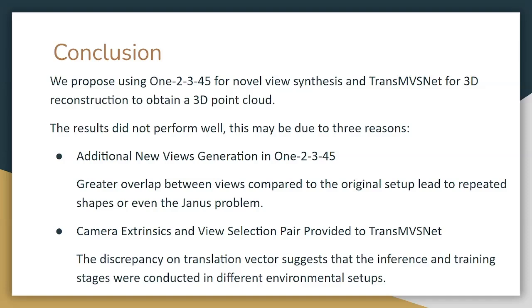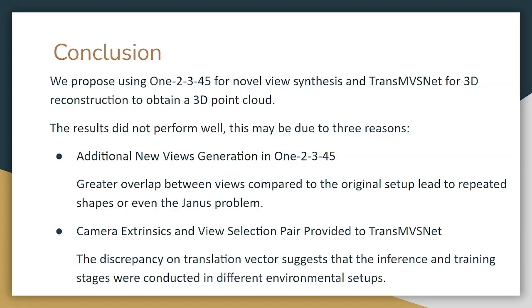However, since Zero123 lacks multi-view consistency regularization, this can lead to repeated shapes in different views or even the Janus problem.